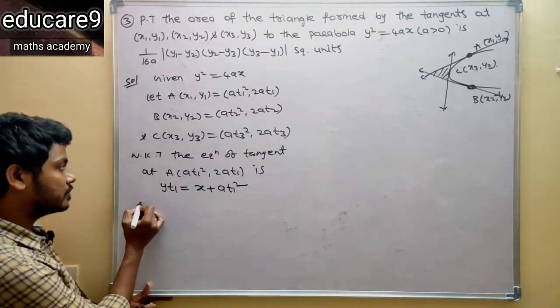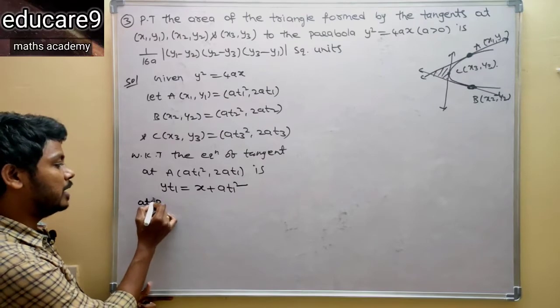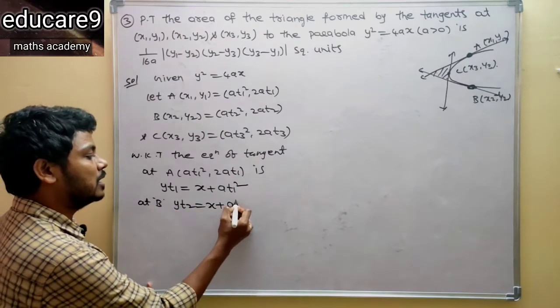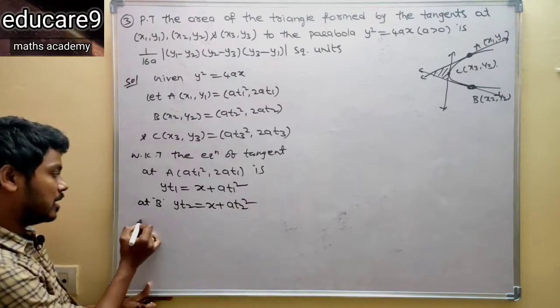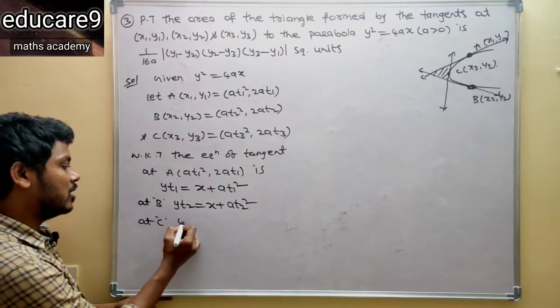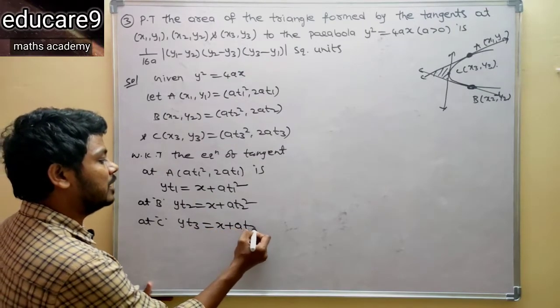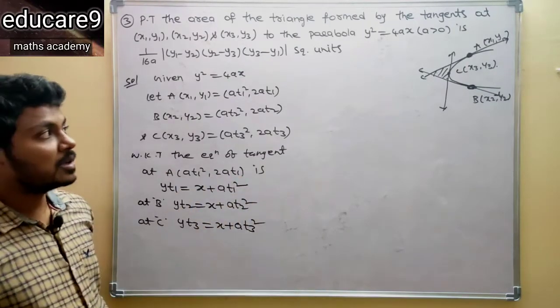Next, at B yt2 is equal to x plus at2 square. At C yt3 is equal to x plus at3 square. Okay.